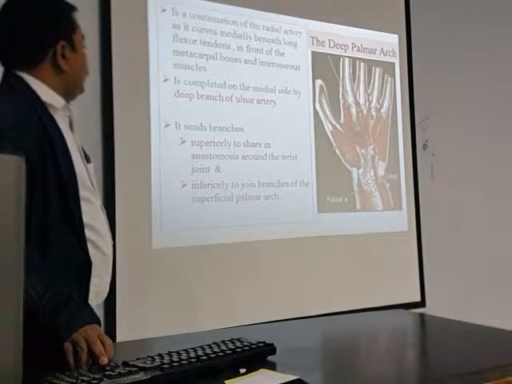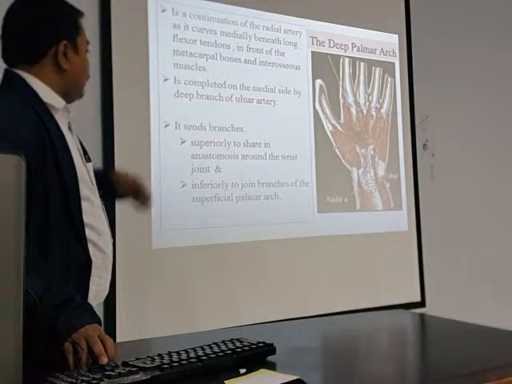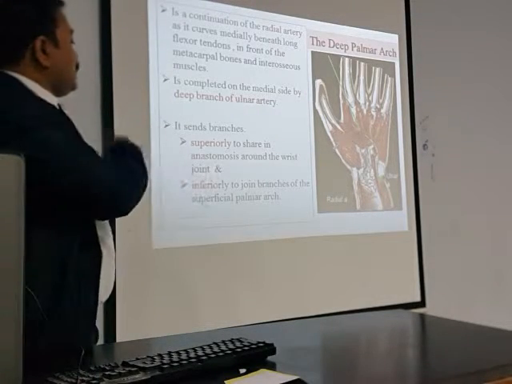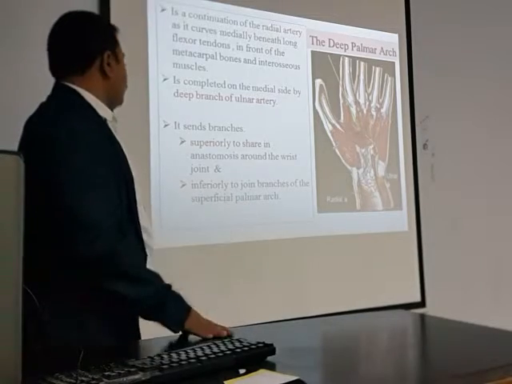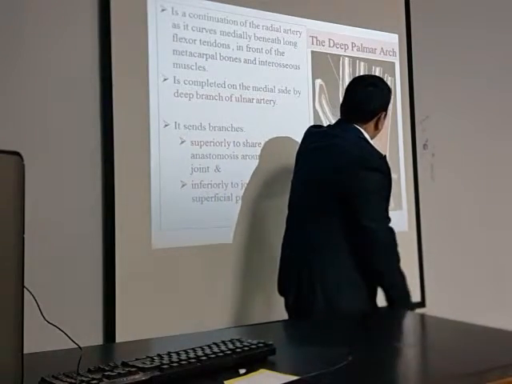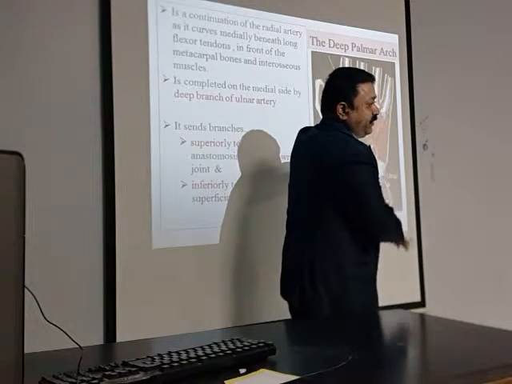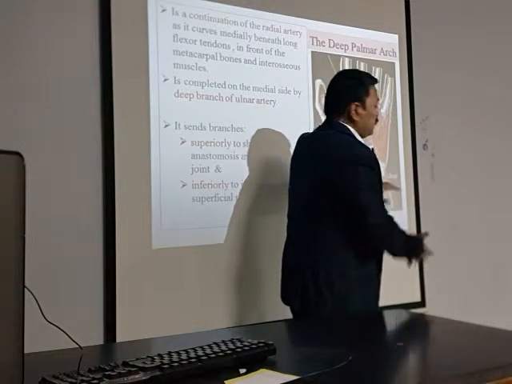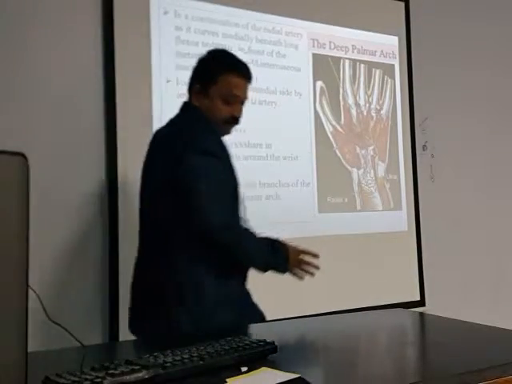It sends branches superiorly, sharing the anastomosis around the wrist joint, and inferiorly to the branches of the superficial palmar arch, minor branches, which form the anastomosis around the wrist joint.